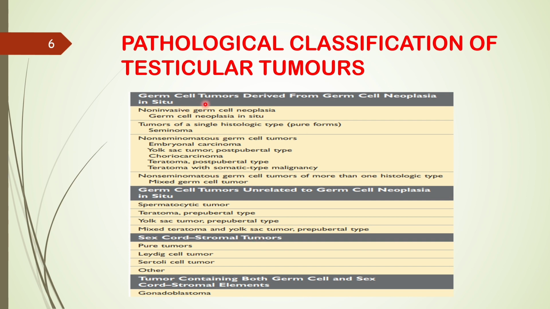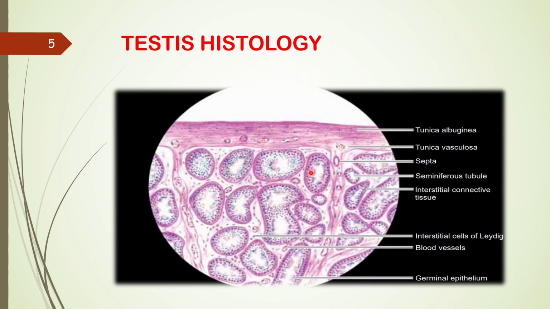First, germ cell tumors are again divided into two categories: those derived from germ cell neoplasia in situ, and germ cell tumors unrelated to germ cell neoplasia in situ. Now what is germ cell neoplasia in situ? It means the tumor cells are within the tubules, and they don't invade the surrounding stroma, meaning they don't invade the interstitium.